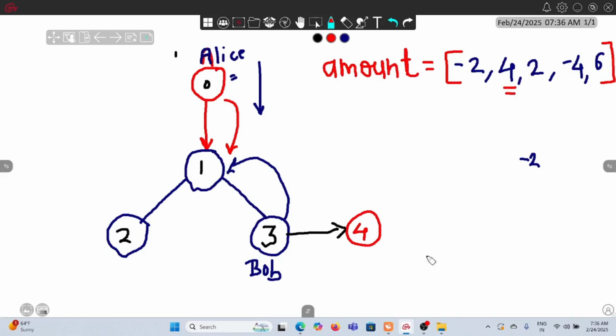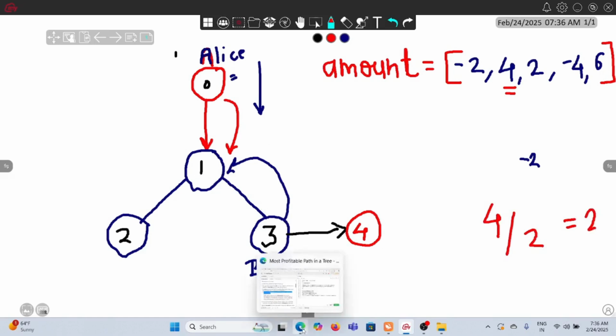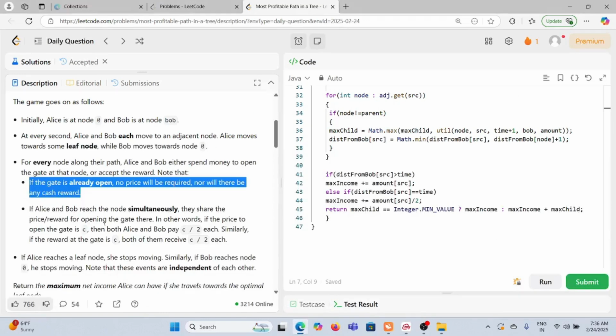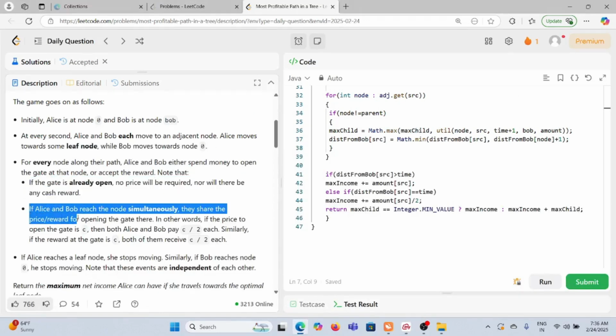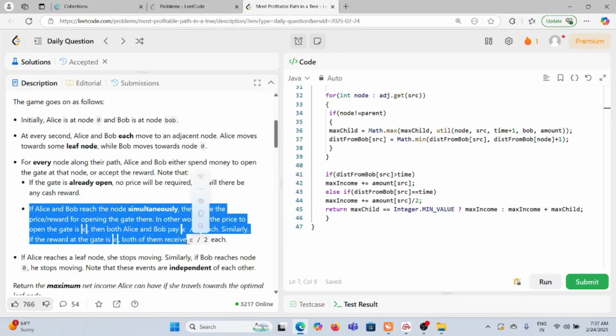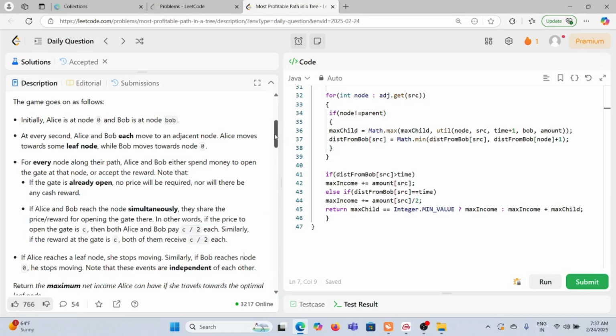What will both of them get? Whatever it is, it would be divided by 2. So 2 would be the amount shared between Alice and Bob because they are reaching together. See here, if Alice and Bob reach simultaneously, they share the price or reward divided by 2, both of them.